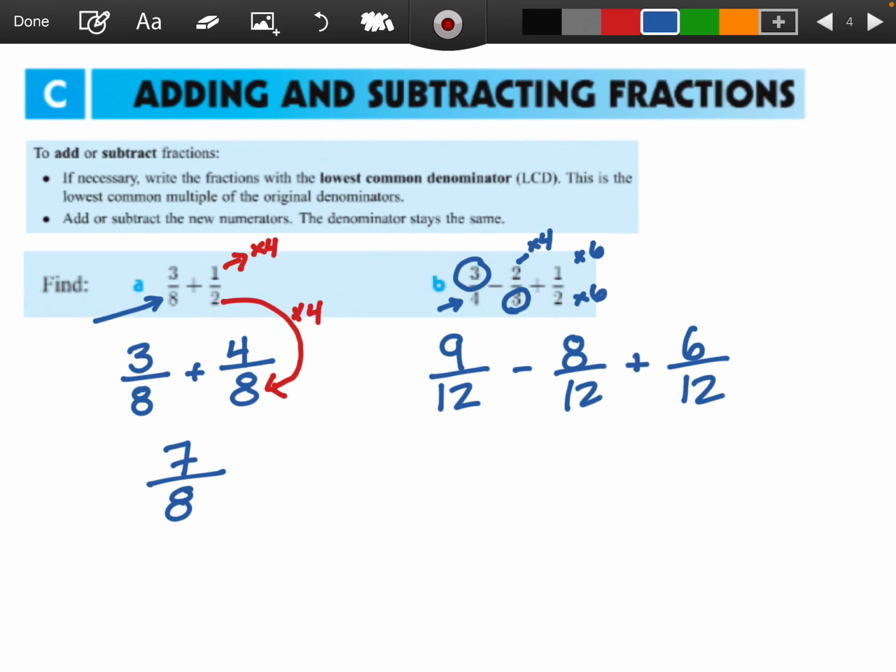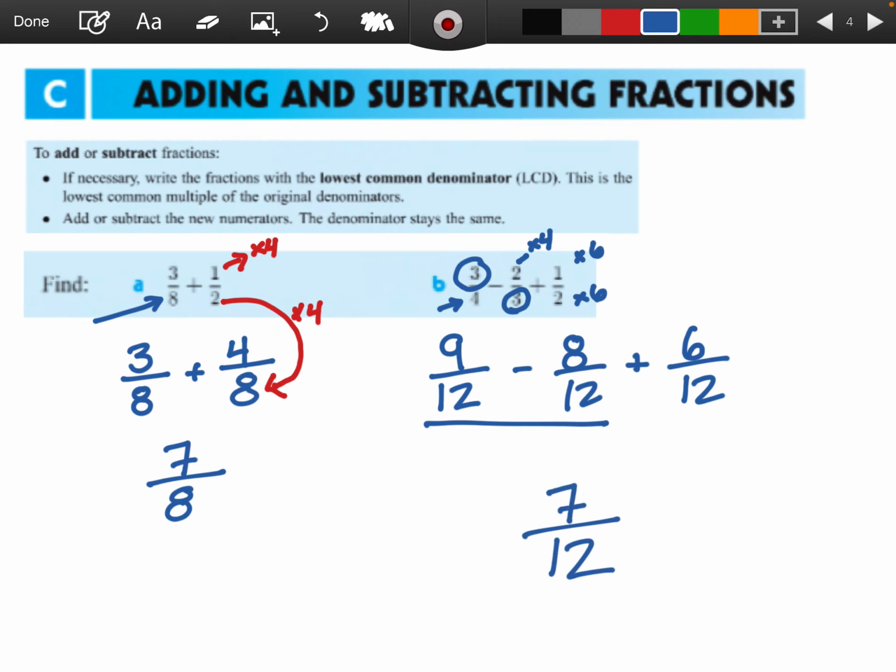Then once I have my common denominator, I'm going to go ahead and in this case use order of operations, although it's adding and subtracting, same level of order of operations, so I'm just doing them as I get to them. You could do it in one step if you wish, or you can do it in two. I could just focus on doing this part first and then add the 6, or I can just leave my denominator of 12 and go 9 minus 8 gives me 1, plus 6 gives me 7.